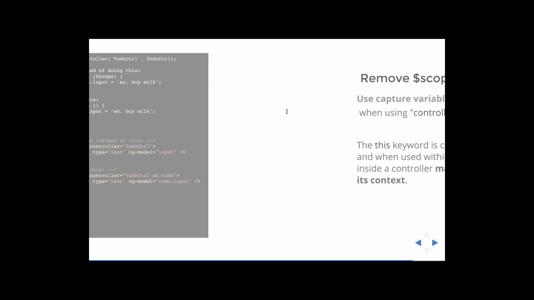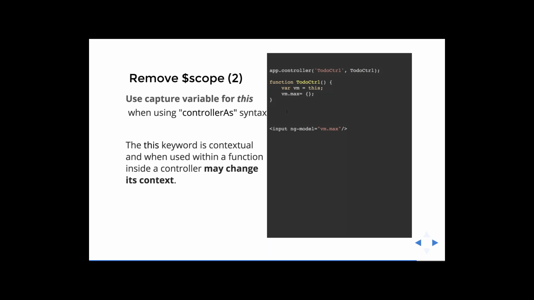Although this is a little bit dangerous, because this is a contextual keyword and it may change. So a recommendation, from John Papa, one of John Papa's patterns that I recommend you follow, is to use the controller as syntax, but at the same time assign this to an internal variable. In this case it is vm, which is the view model, and all that you want to pass to the model should be in this variable.